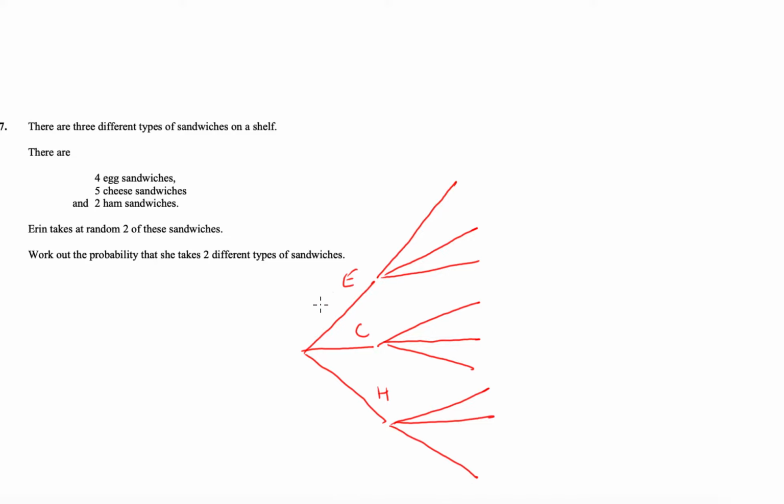The probability she chooses egg is 4 out of the total, which is 11. The probability she chooses cheese is 5 out of 11, and the probability that she chooses ham is 2 out of 11.